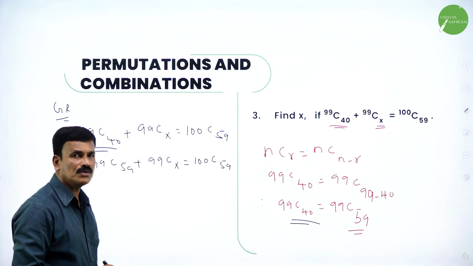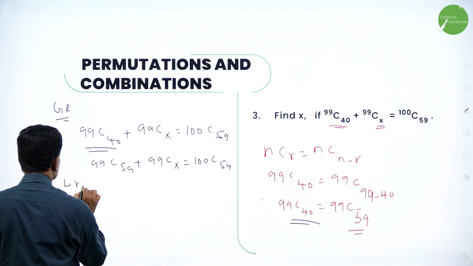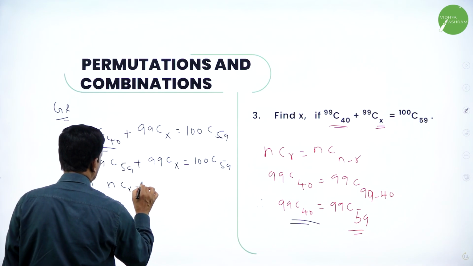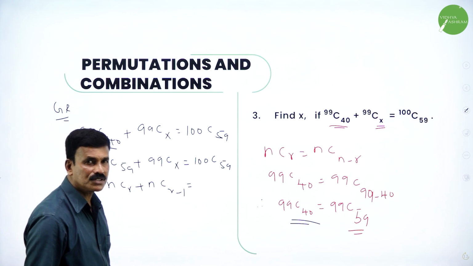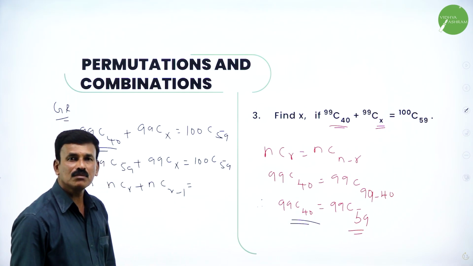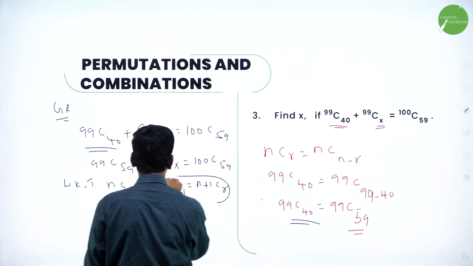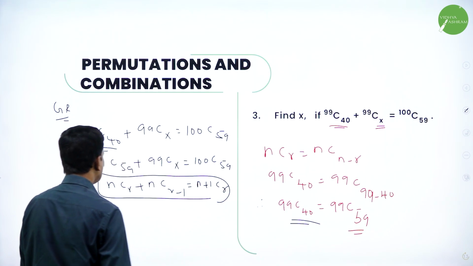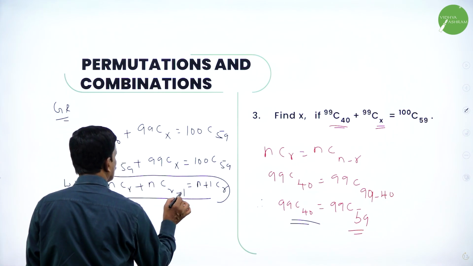If you observe carefully, this is of the form: we know that nCr plus nC(r minus 1) has a relation. What is the relation? This is nothing but (n plus 1)Cr. So using this relation, nCr plus nC(r minus 1) is equal to (n plus 1)Cr.